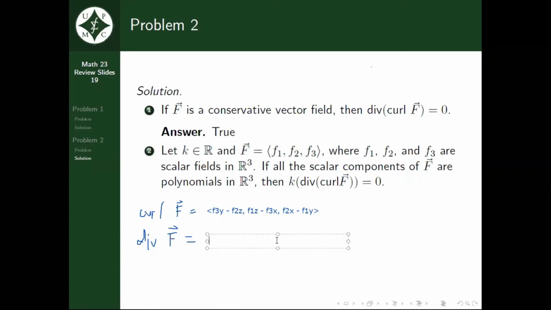So verify that it is F3yx minus F2zx plus F1zy minus F3xy plus F2xz minus F1yz. Is this correct?